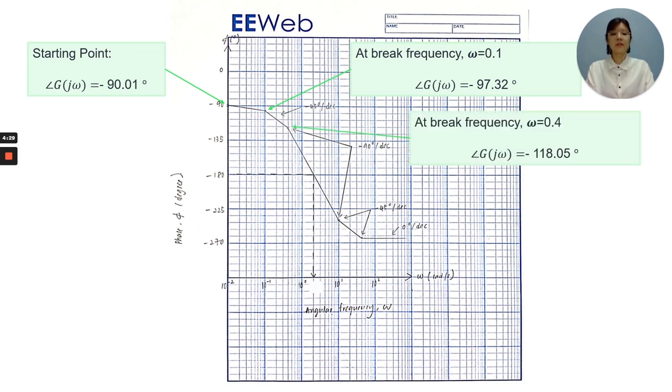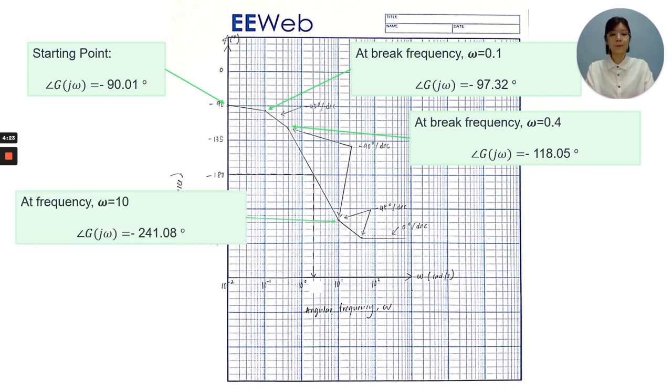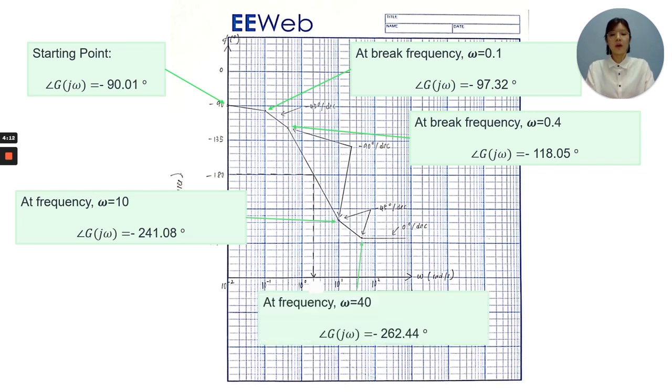At the break frequency 0.4 radian per second, it has a negative 90 degree per decade slope. At the frequency 10 radian per second, the slope continues downwards with a negative 45 degree per decade slope. At the frequency 40 radian per second, it shows a 0 degree per decade slope.